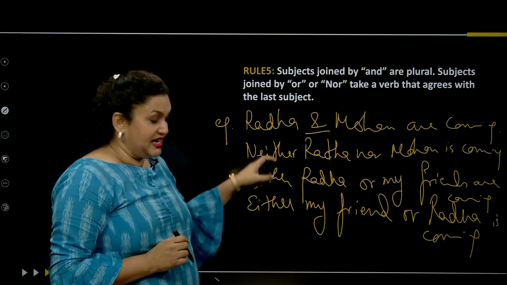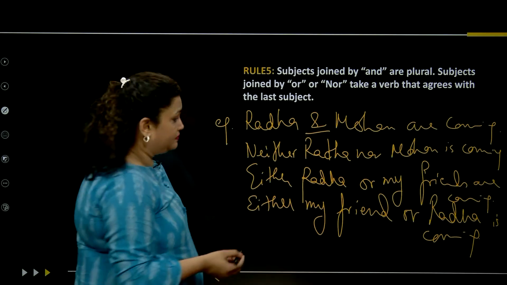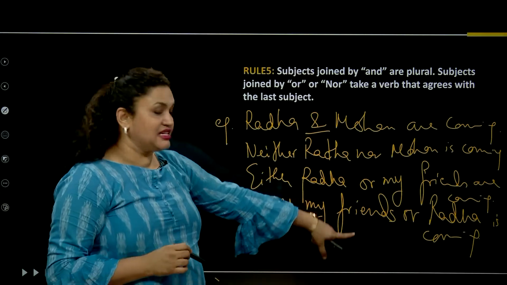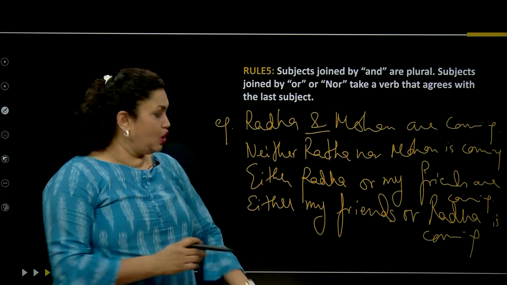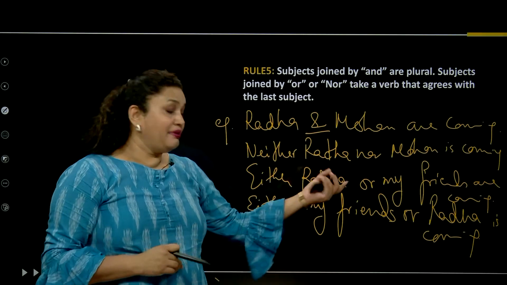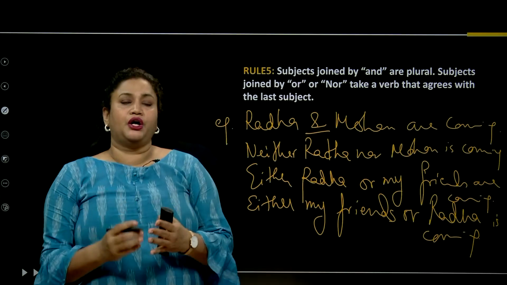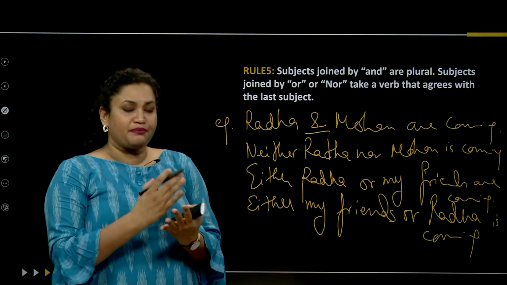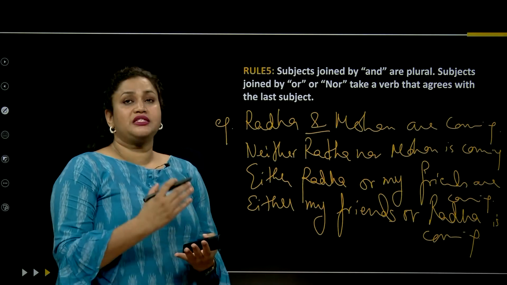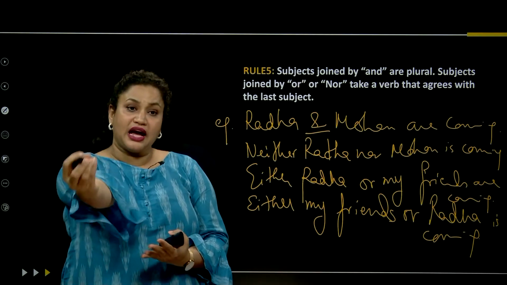In the third sentence, I am saying either my friends or Radha is coming. So now, technically it should be "are". Therefore, you should try to place the subjects in such a manner that wherever you have a plural noun nearest, you can have the plural verb.